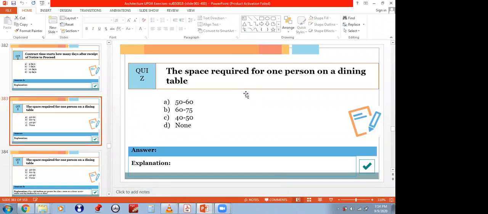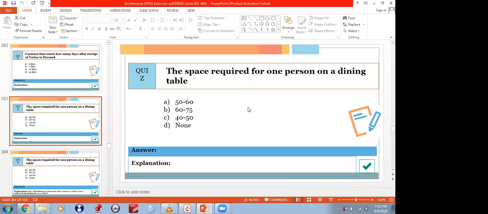The question is similar to this. The space required for one person on a dining table. Okay, but my question is more specific. It is the space required for one person on a dining table that can accommodate 3 to 6 people.